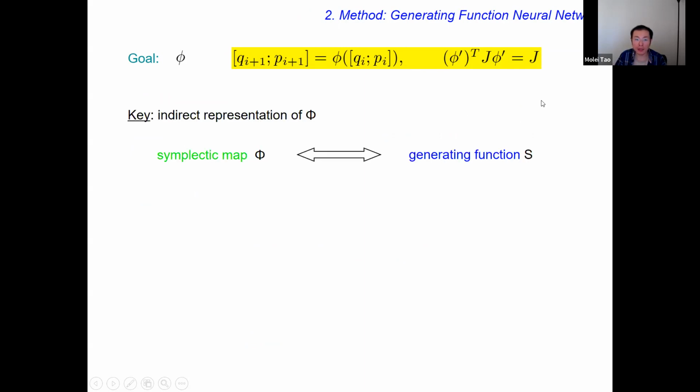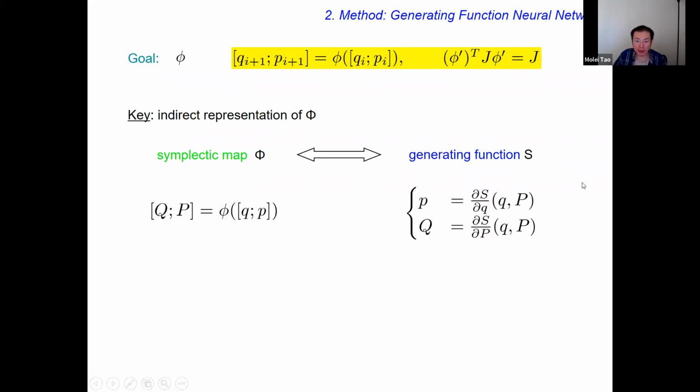In order to do that, we use a little bit of math. We indirectly represent this symplectic map phi by something called a generating function. If you're not familiar with this, there's a very deep Hamilton-Jacobi theory behind it, which I cannot cover. So just trust me that given a generating function S, which is a function of two variables, there is a corresponding phi, which is also a function of two variables.